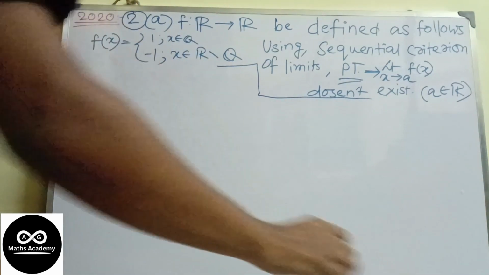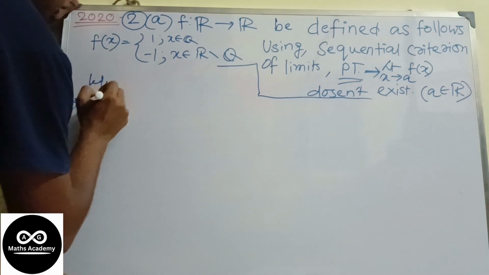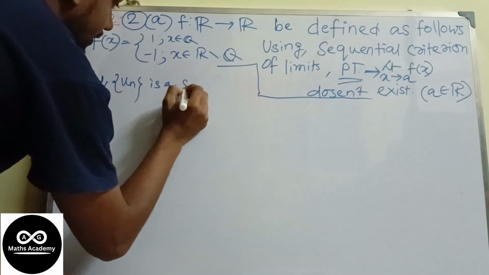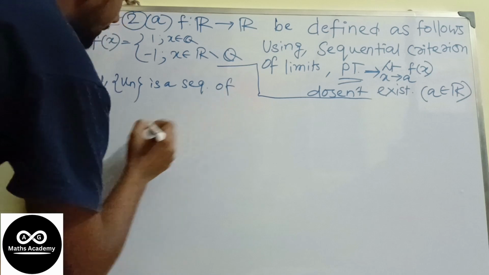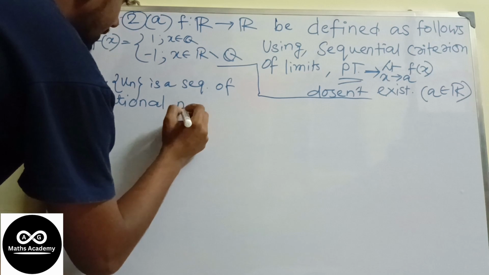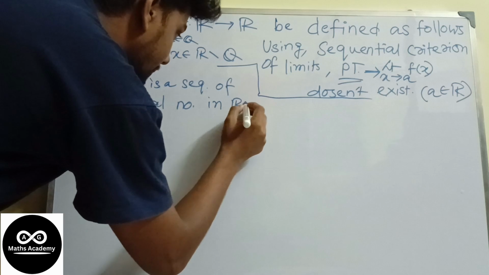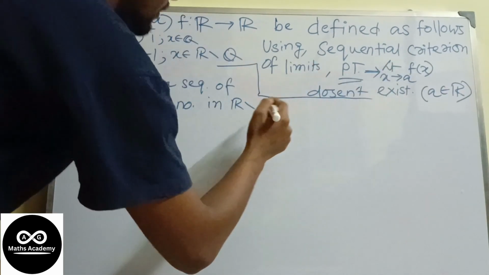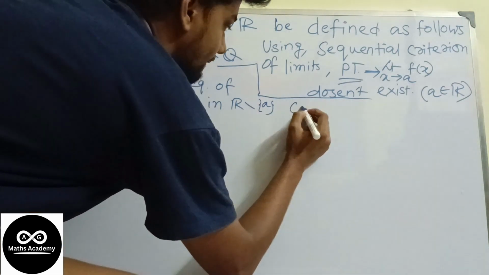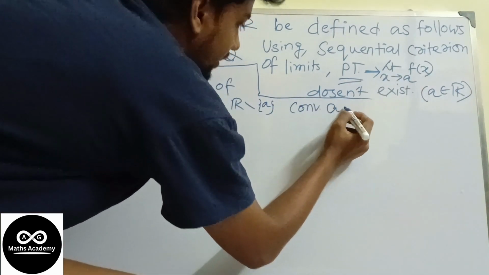So first of all, let us take un as a sequence of rational numbers in R minus A, converging to A.